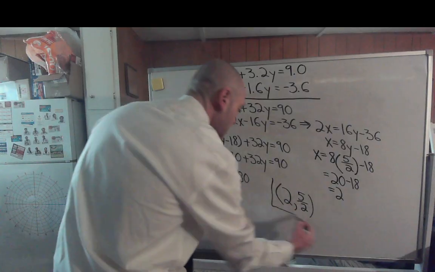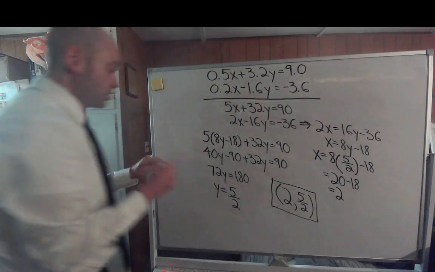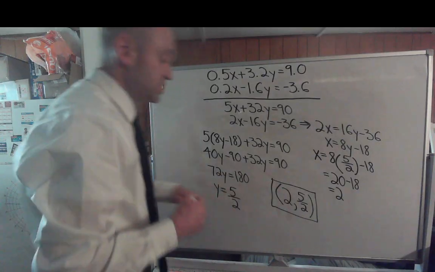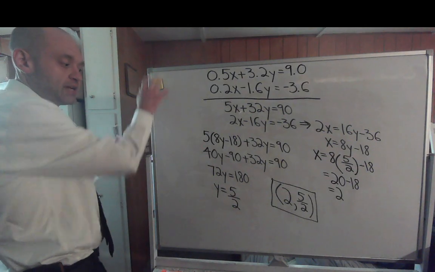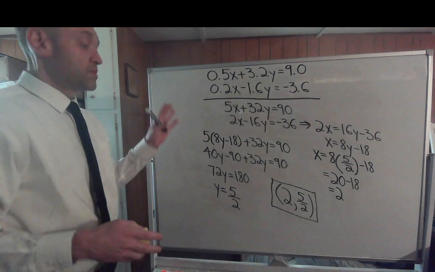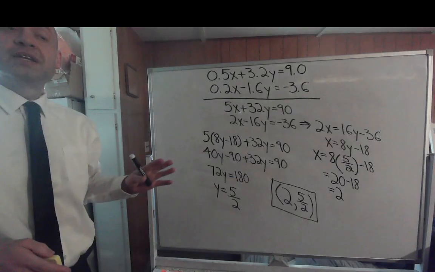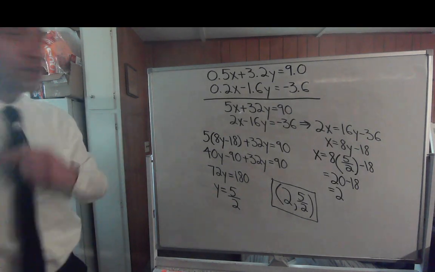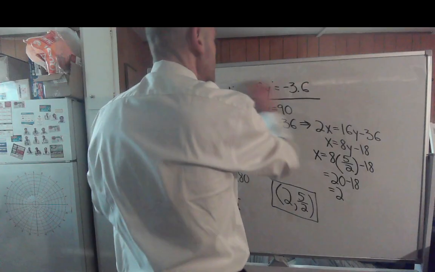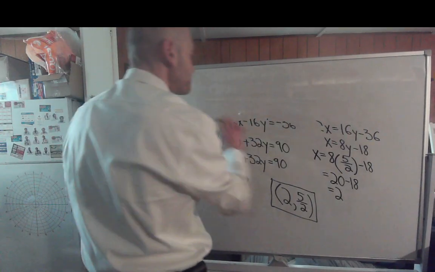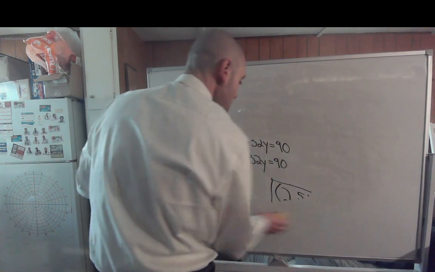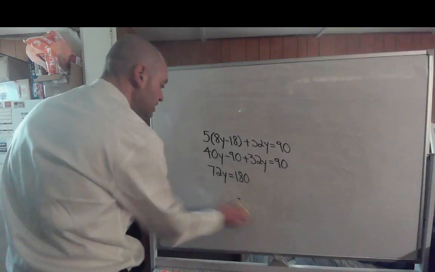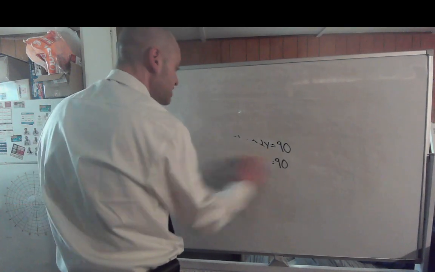That's where these two lines would intersect, at the point 2 and 5 halves, or 2, 2.5 if you want to use decimals. You get the idea. Guess what's coming next? You guessed it, fractions. We're going to deal with some fraction equations. So let's go ahead and address those.